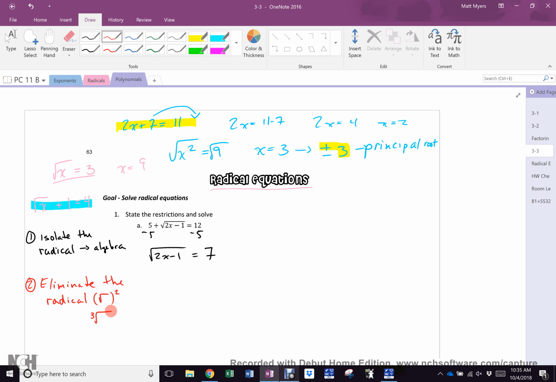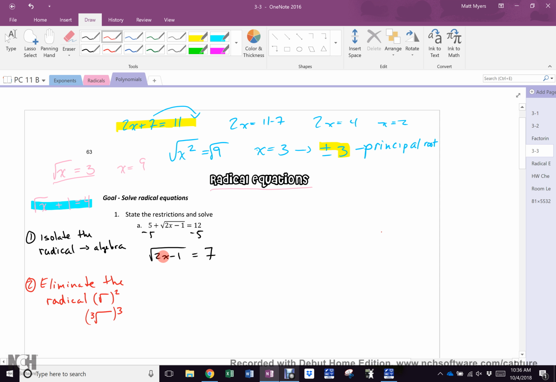I mean, cube it. You cube it. So the cube root of 27 cubed is what? 27, right? You know that already from our radical unit. So if it's a cube root, what do you do? Cube. Everybody cool?